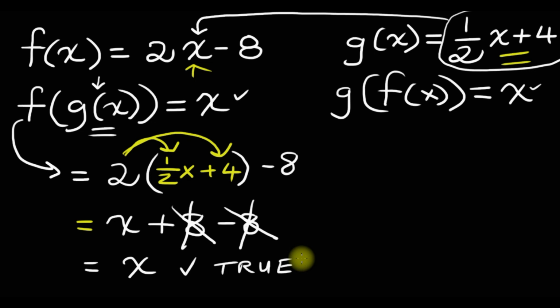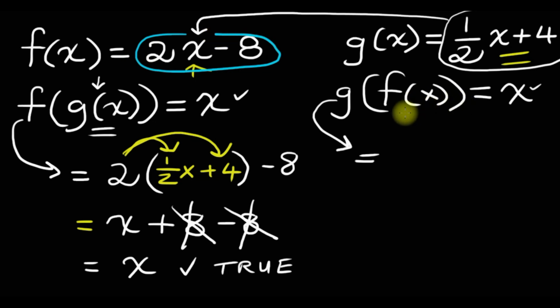All right, let's see what happened to the next one. So the next one, we have to work this out. Okay, so we're doing g of f of x. So that means, because f of x is inside, right? See how f of x is inside? So you're going to take f of x, and then you're going to plug that into the x of the g of x.